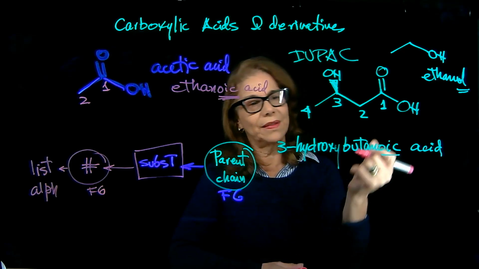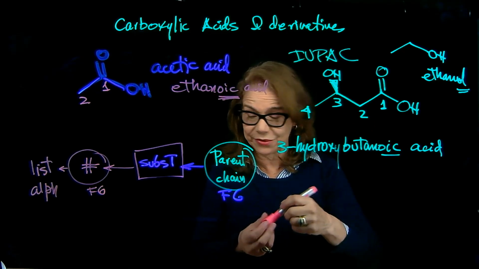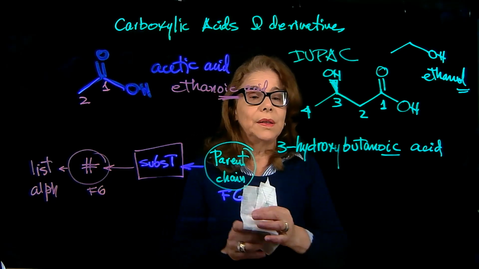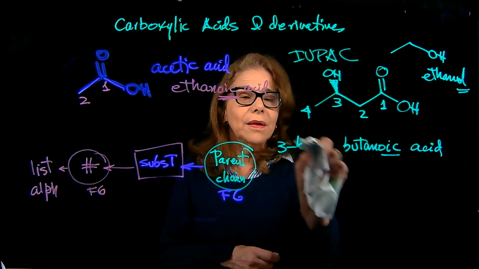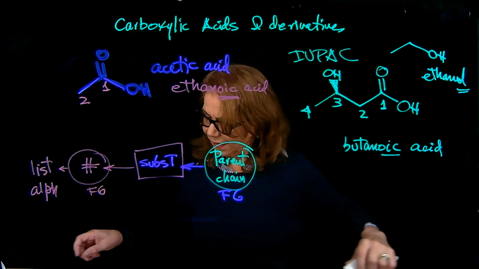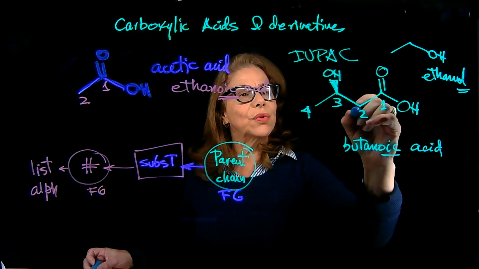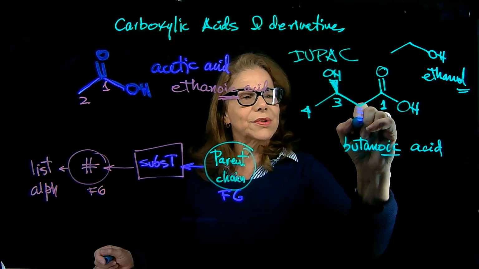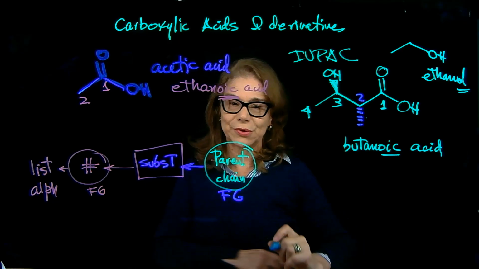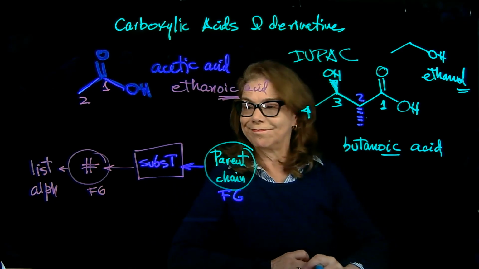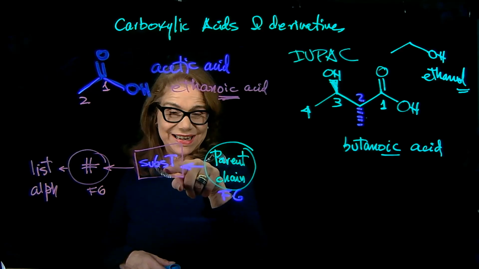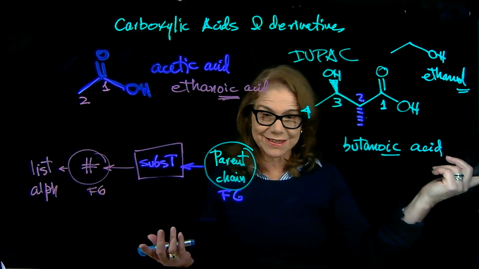So let's say that I'm going to add another substituent for fun. I'm going to modify the name slightly because now I want to add another substituent to my carbon number 2. So now I have a methyl. I have a methyl and a hydroxy in substituents, and I need to list them alphabetically.